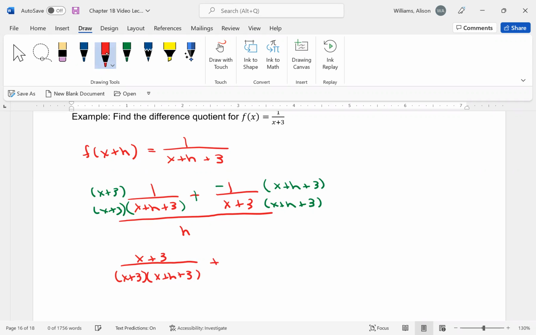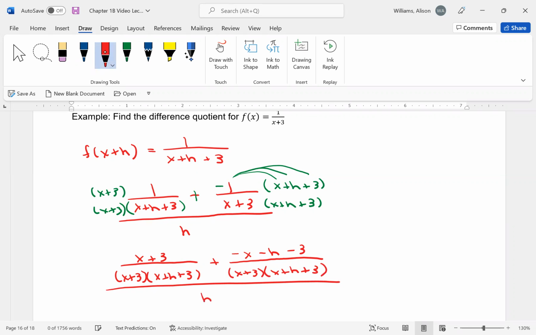So -1 is now going to be distributed into that. So that's going to become negative x minus h minus 3. And same denominator, x plus 3 times x plus h plus 3, all over h.